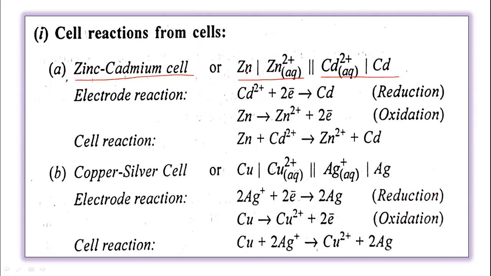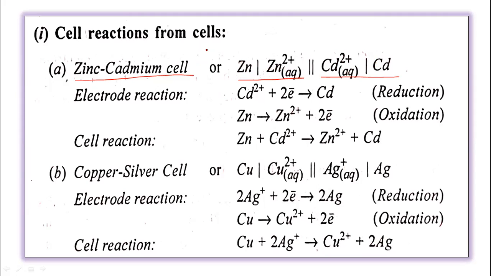Zinc metal is in contact with zinc dipositive ion, aqueous solution, and the other electrode is the cadmium electrode, where cadmium metal is in contact with cadmium dipositive ion. So what electrode reactions take place at these two electrodes?